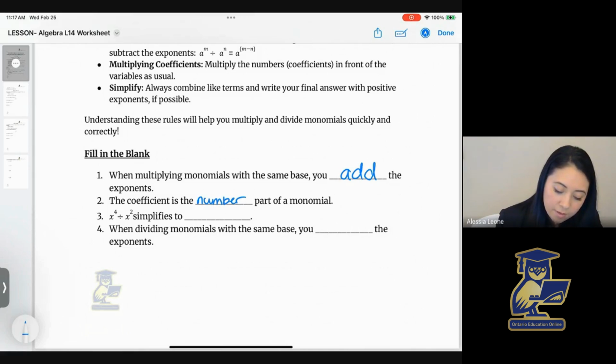X to the power 4 divided by x to the power of 2. The base is the same. The base is x. It's division. We remember that means we have to subtract our exponents. What does that simplify to? 4 take away 2 is 2. So we know that simplifies to x to the power of 2.